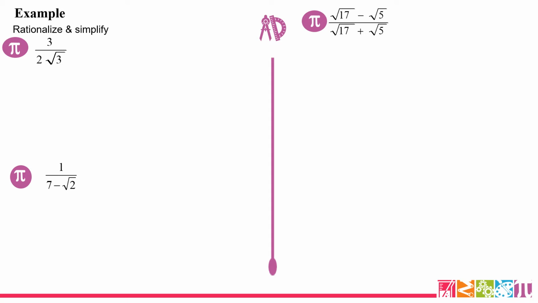Example, rationalize and simplify. First question, 3 over 2 root 3. First, you have to multiply top and bottom by root 3. Root 3 times root 3 is square root 9.